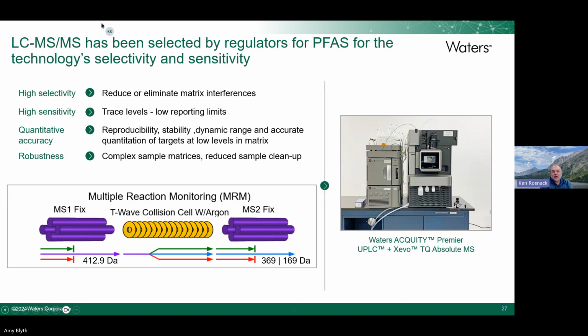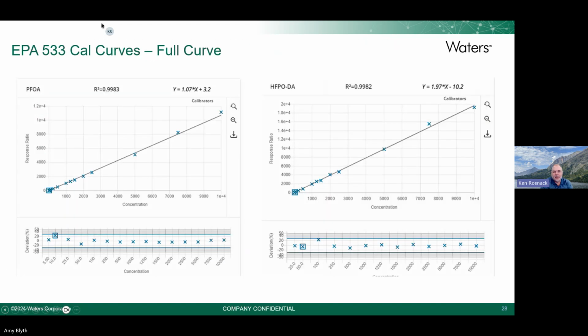We monitor two fragment ions, 369 and 169, and that's your quantitative and qualitative ion for confirmation. A bit long-winded and complex perhaps, but in the end, what you're shooting for is a calibration curve. When you run your sample, you monitor the area count, plot that against the cal curve, and you end up with a concentration.